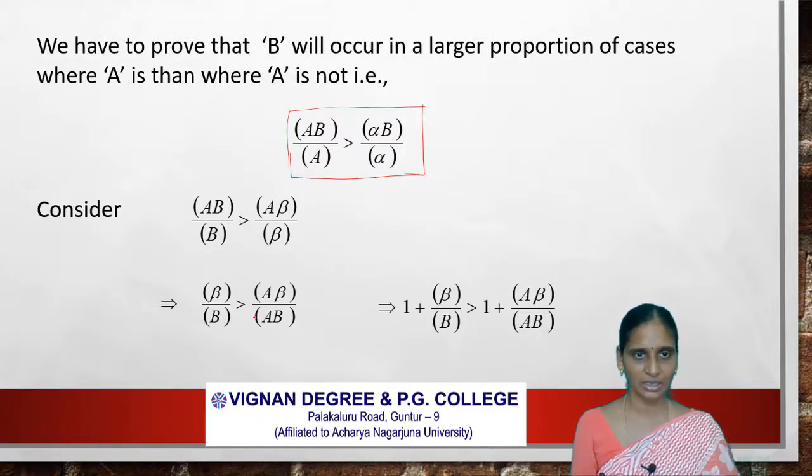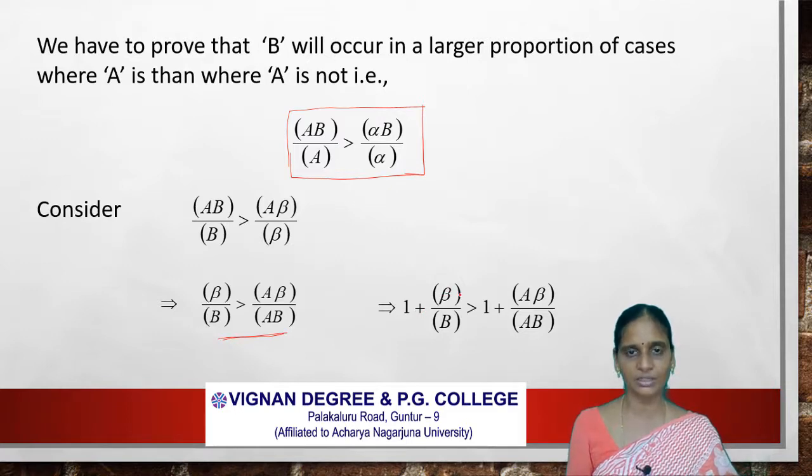So then we obtained frequency of beta divided by frequency of B greater than frequency of A beta by frequency of AB. So in this expression we have to add 1 to both sides. So then we get 1 plus frequency of beta by frequency of B, which is greater than 1 plus frequency of A beta by frequency of AB.